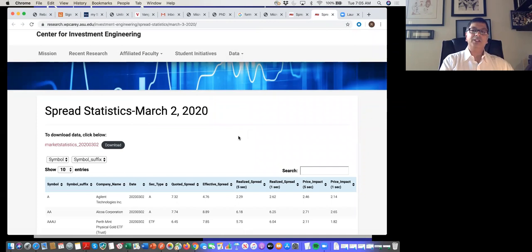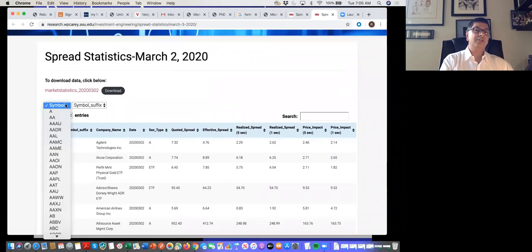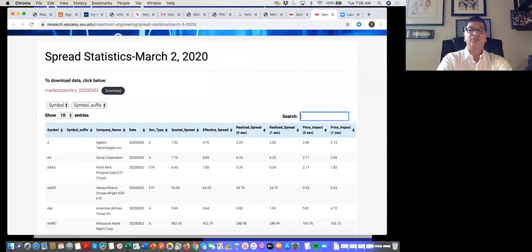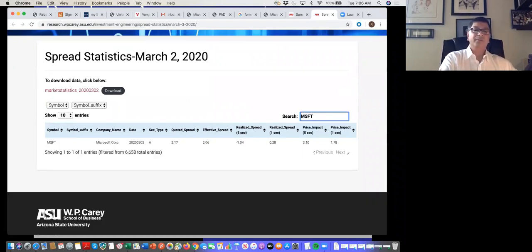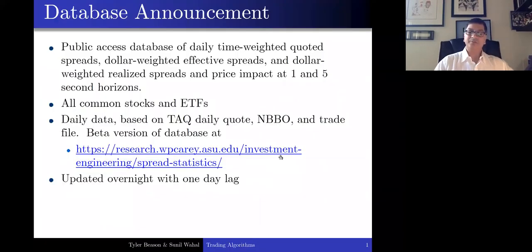If you click on a particular day, this is what things look like. You can search here by symbol if you want. For people who want to look for specific stocks, you can also search here. And you can see specific things getting picked up here. So again, this is for public access. Hopefully everything will be up and running soon.